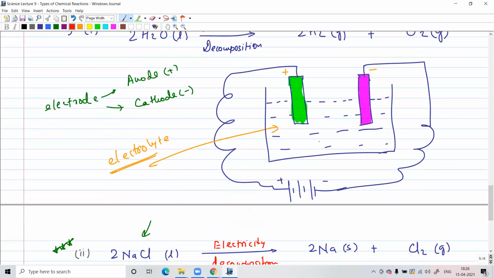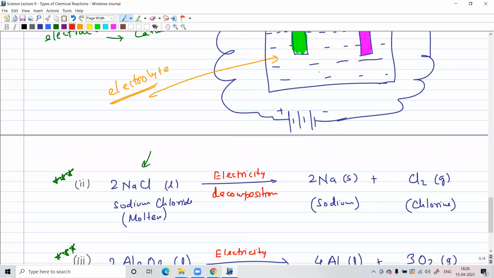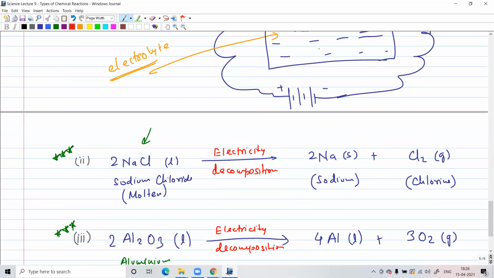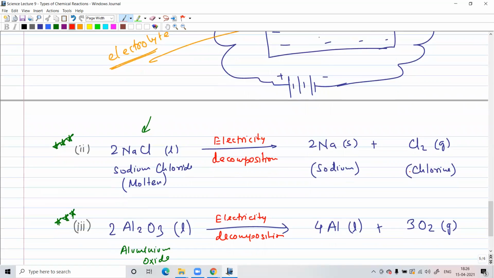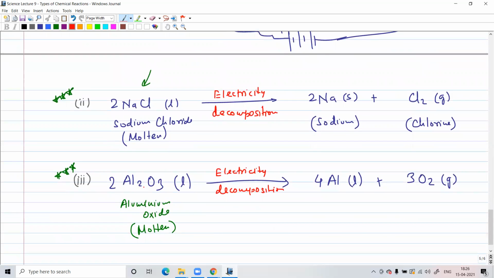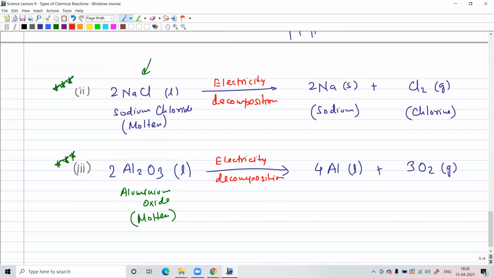Like in this case, water is liquid. NaCl is also in the molten form, liquid form. It breaks down into sodium and chlorine gas. Same thing over here, Al2O3. This is also molten form, aluminum oxide, and we use electricity to get the pure aluminum and oxygen.